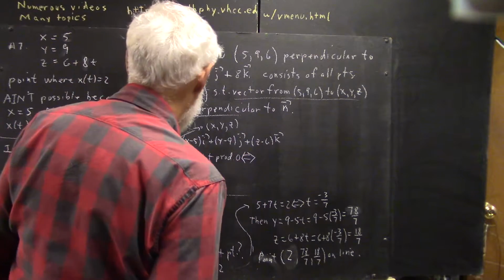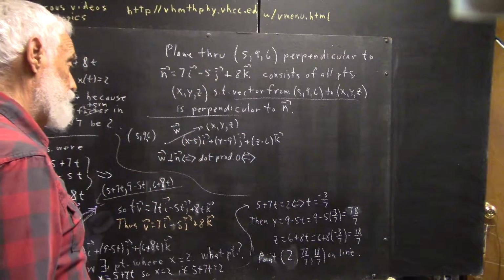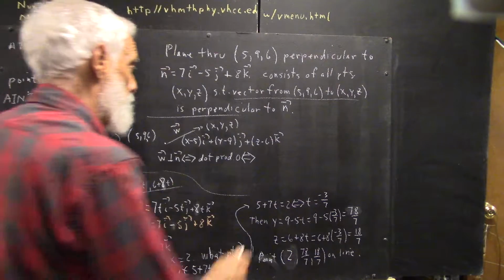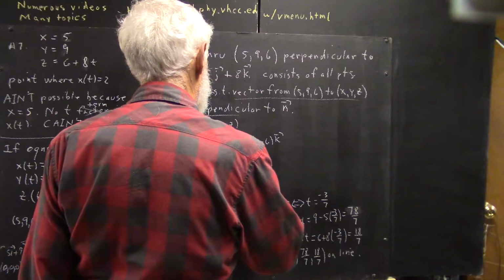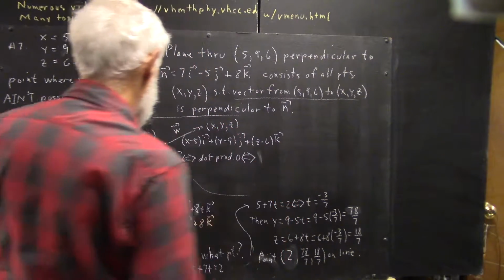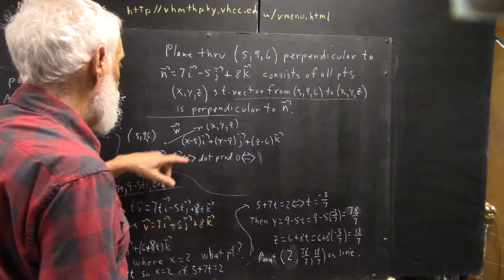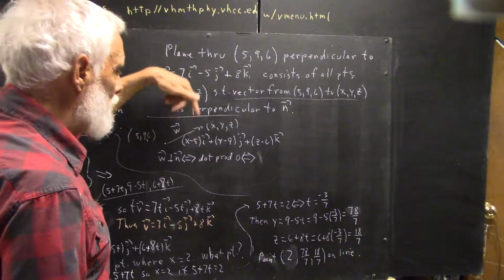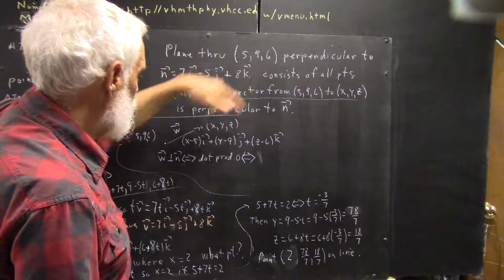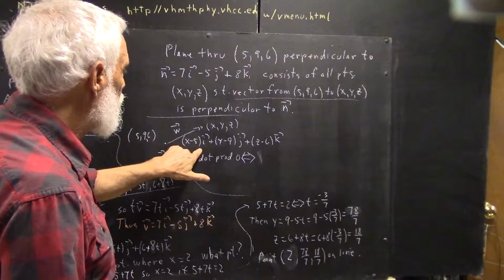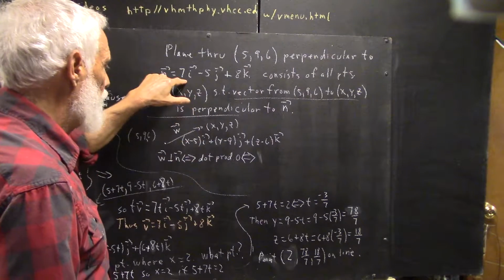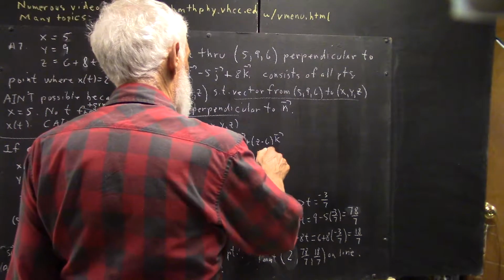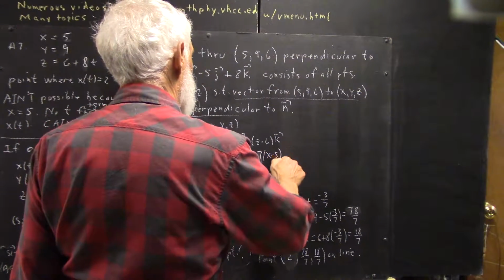And that is w dot n. I'm not even going to write that out, I'm just going to do the dot product. This vector dot this vector. The i component times the i component is 7 times x minus 5.